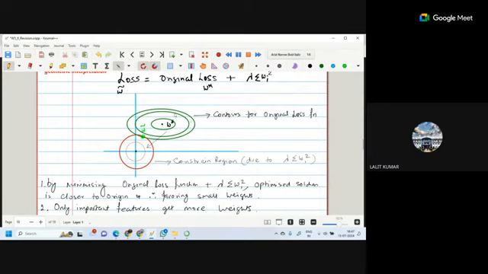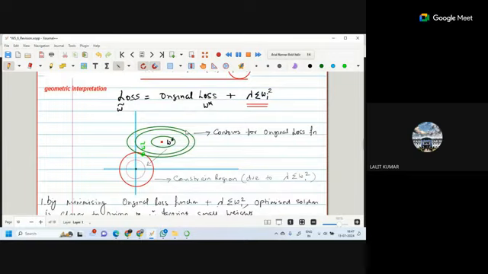The green ellipses are the contours of the original loss, and this W star is the optimal weight vector, which minimizes it. The red circle comes from the additional term, the sum of Wi squared. The hyperparameter controls the radius of this circle: the higher the hyperparameter, the larger the radius, and the lower the hyperparameter, the smaller the radius. Where the ellipse and the circle meet is your new W tilde.